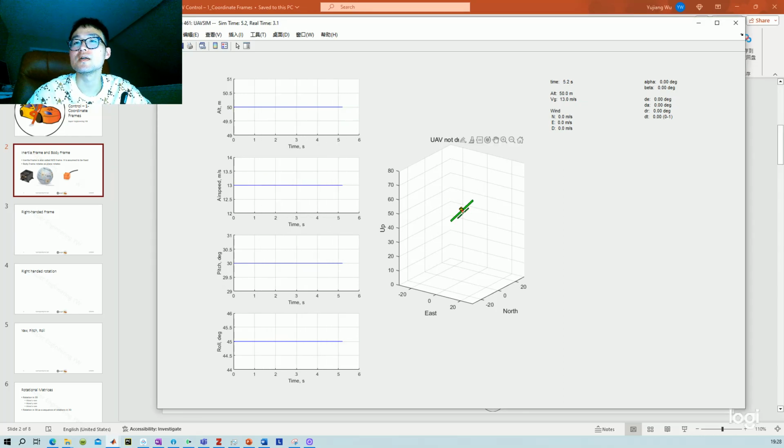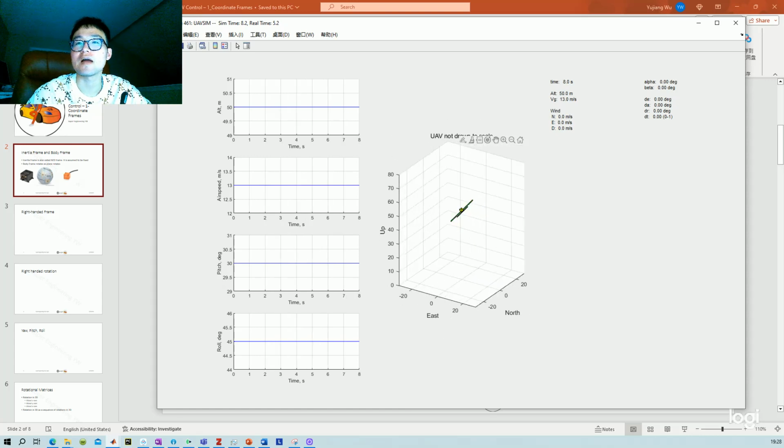See, the plane actually flies towards us now. So this shows the importance of actually learning about coordinate frames and rotation matrix.